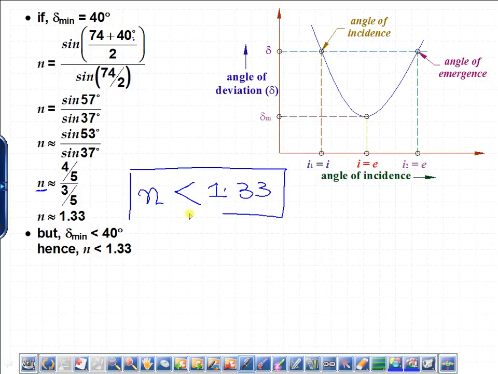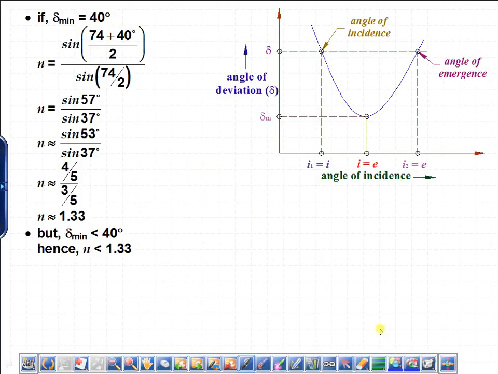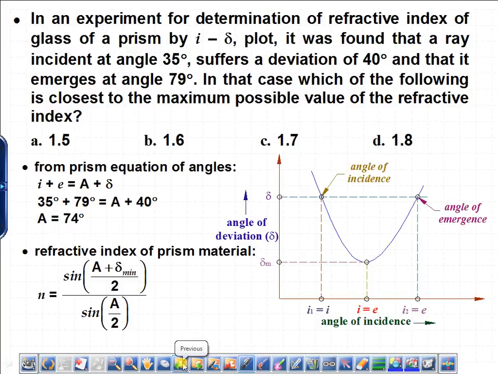That is a very clear indication from the problem we have solved up till now. Now if you take a look at the set of options available, we need to find what can be the maximum possible value. We know that n has to be lesser than 1.33. So out of all the given options, the maximum possible value of refractive index can be 1.5, that is option A.